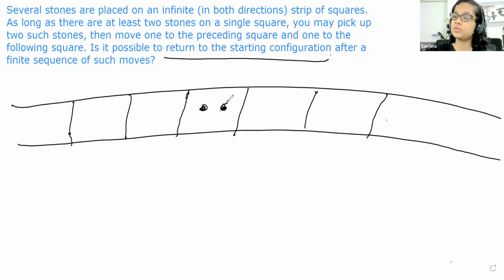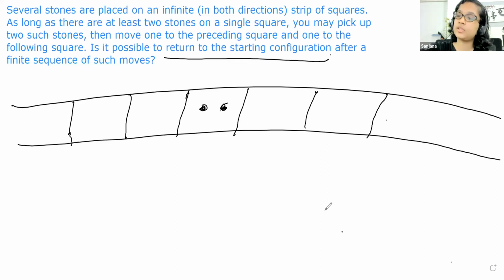The problem with assigning weights to the squares is that if you have some number of stones here or here, it doesn't make a difference. The weight is still the same. But the squares are different, and you want to incorporate that because which square is placed where matters in the problem. So it might be a better idea to assign weights to the stones.